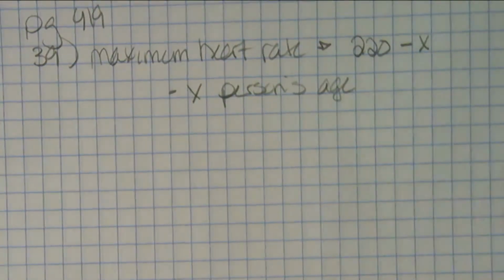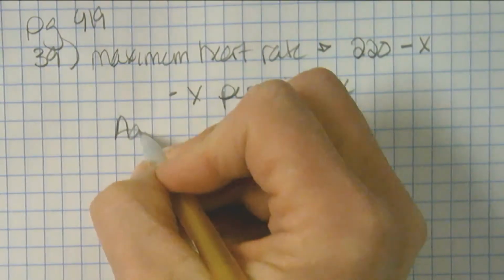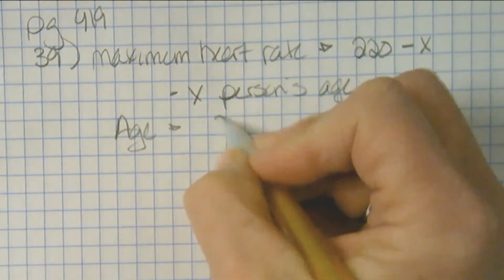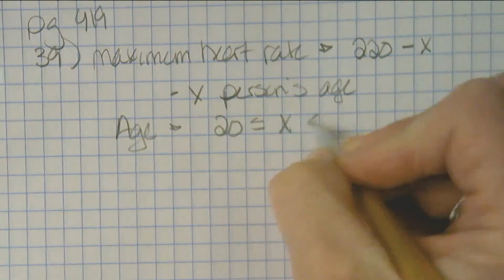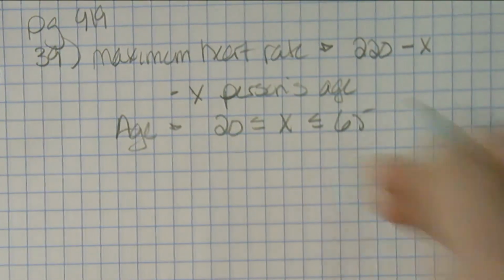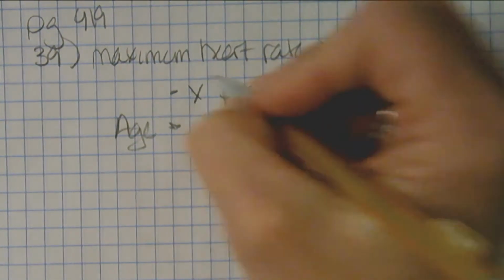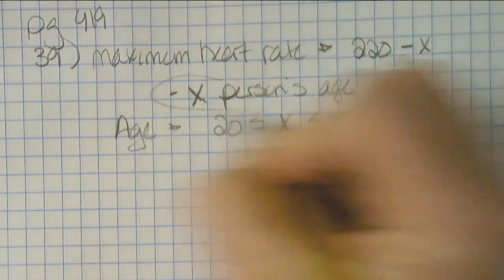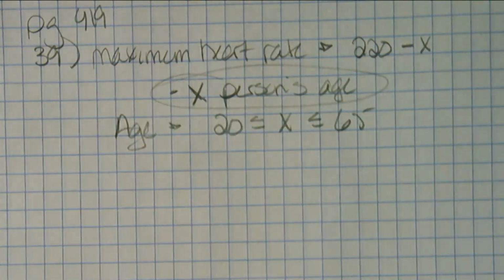What they also tell us about their age is they are between 20 and 65. So here is our variable x. Okay, that's the first thing.